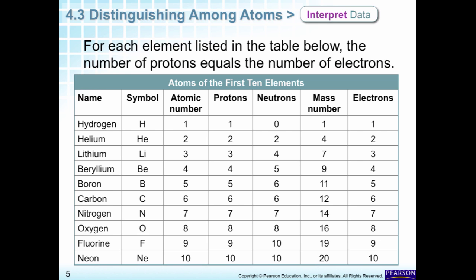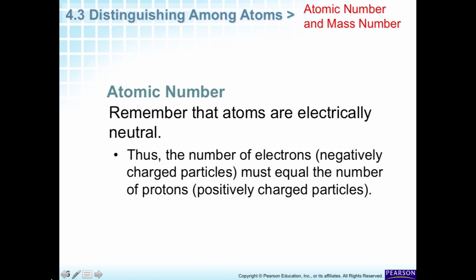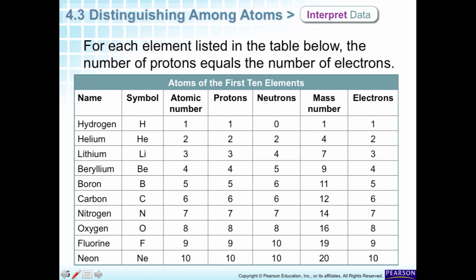Notice that they also increase from 1 to 10. If you see these two numbers here, there's 1 and 1, 8 and 8, 10 and 10. So just as I said, the number of protons correspond to the atomic number.